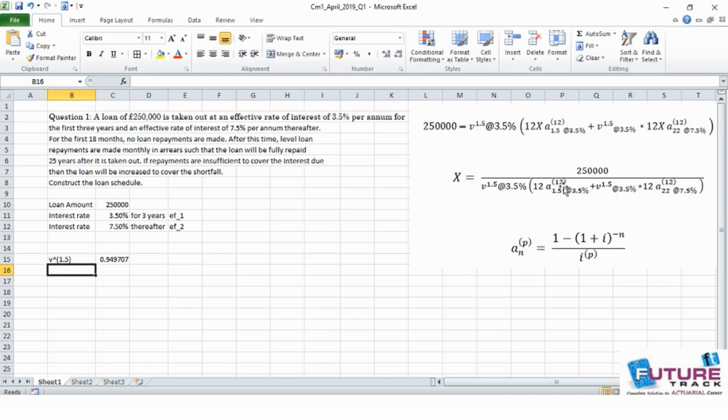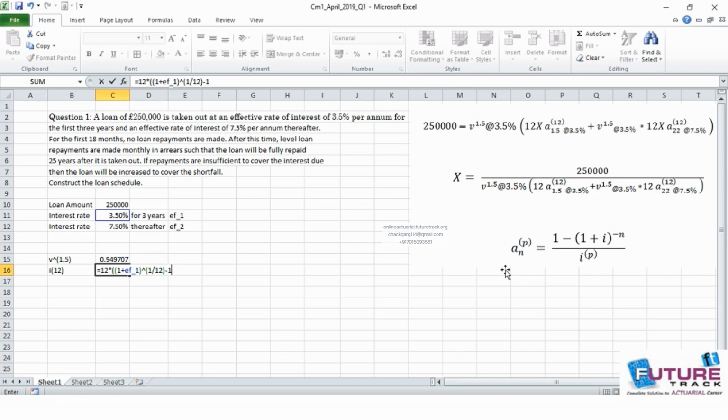The I12 formula is P into (1 plus effective rate of interest) raised to power 1 by 12 minus 1.